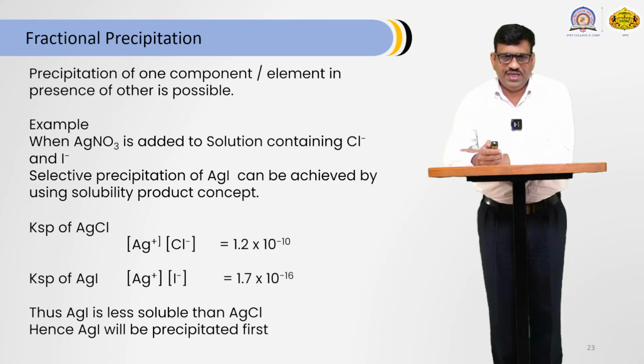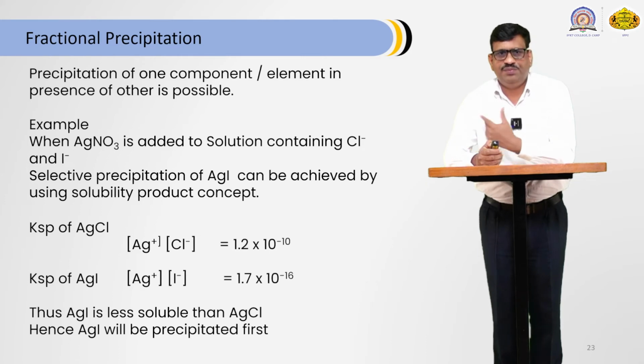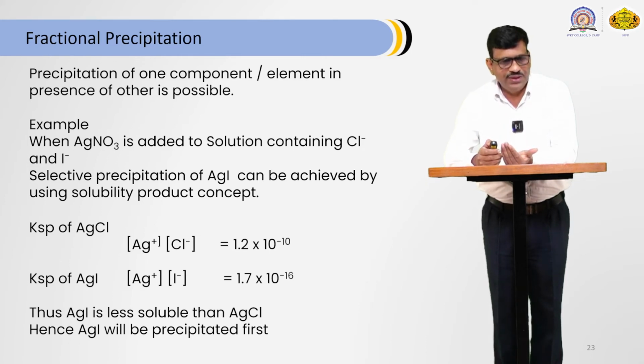The solubility product of AgI is 1.7 into 10 raised to minus 16. Thus, AgI is less soluble than AgCl. Hence, when precipitation takes place, AgI precipitates out first, and after that AgCl precipitates. By adding the proper reagent, we can precipitate out AgI only, in the presence of Cl- also.